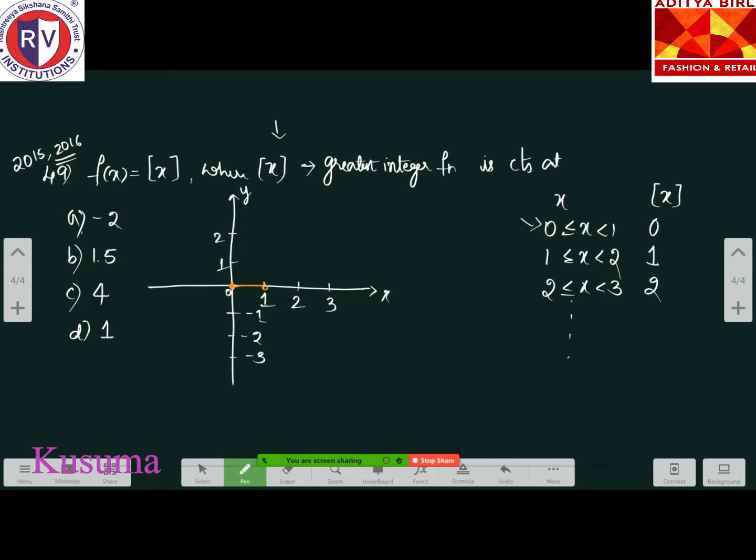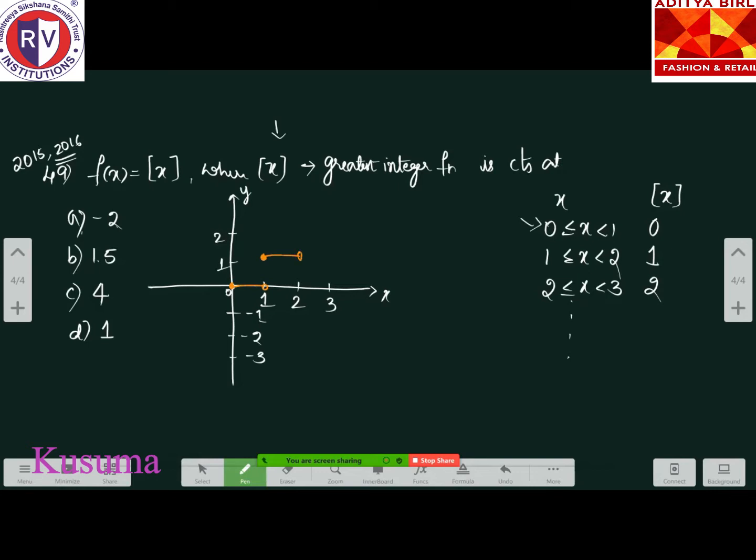Similarly, from 1 to 2, including 1, the value of the function will be 1.